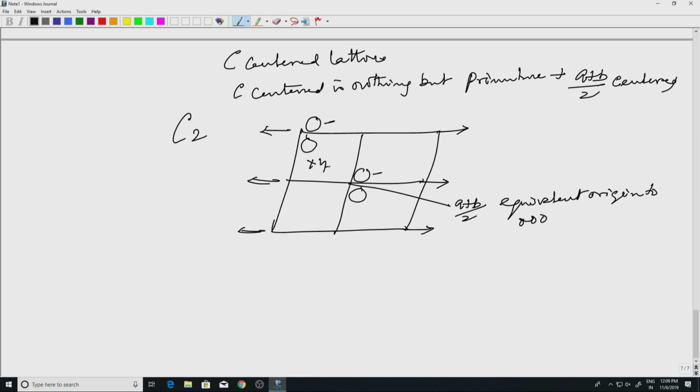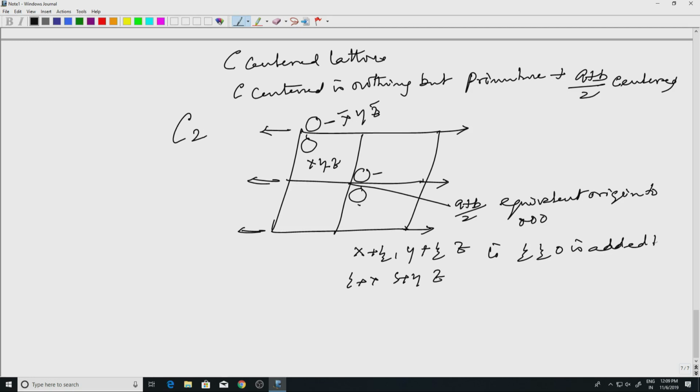Now this is X, Y, Z, X bar, Y, Z bar. Now when you see this one, this is X plus R, Y plus R, Z, or R plus X, R plus Y, Z. That is half of 0 is added to the primitive equivalent.